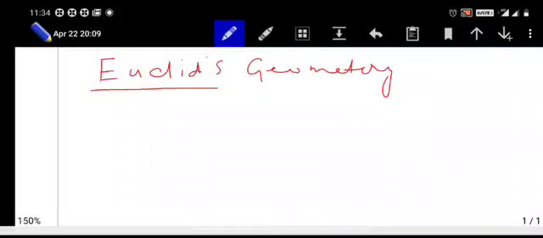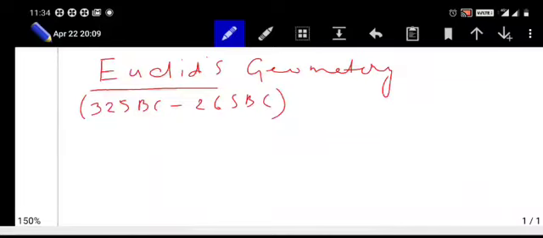Euclid was a mathematician, a teacher of mathematics in Alexandria in Egypt, and he lived from 325 BC to 265 BC, before Christ.